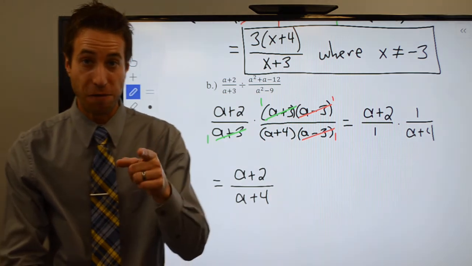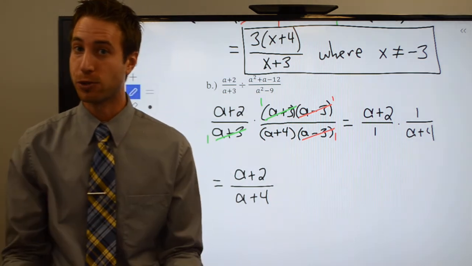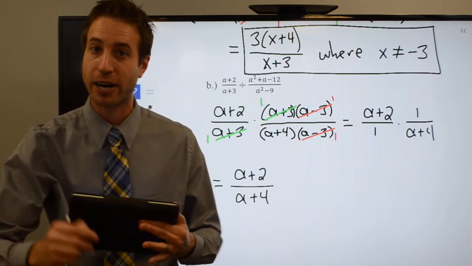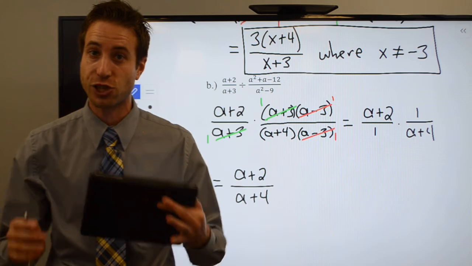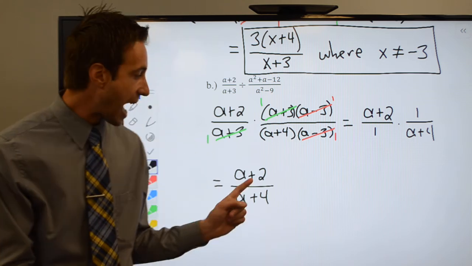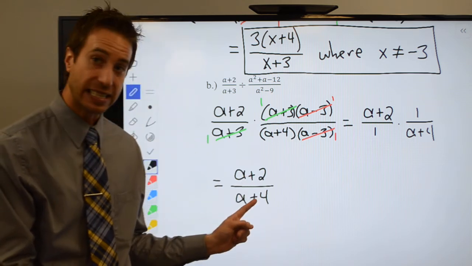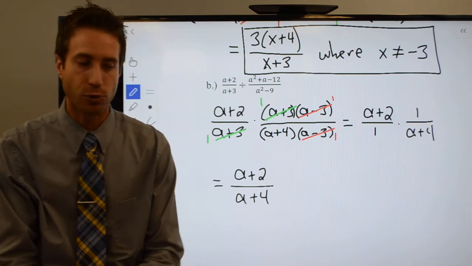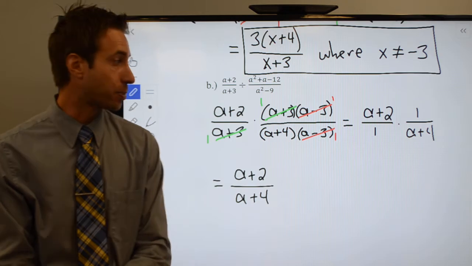No, not so fast. Remember, when it comes to canceling, you can only cancel numerator to the denominator through multiplication and division. I have addition and addition, right? I cannot cancel through addition or subtraction. Only through multiplication and division.